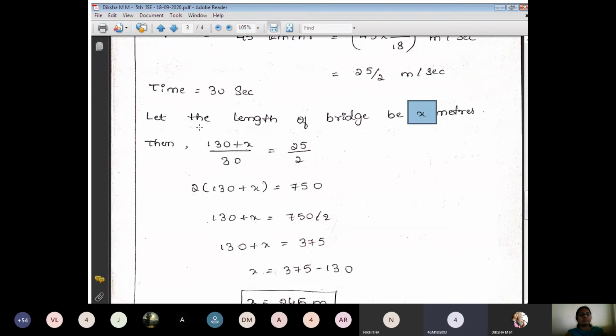Here we know the length of the train, the speed of the train and the time. To calculate the length of the bridge, we need to add the length of the train plus the length of the bridge as x. When we do this calculation, we get the length of the bridge in meters.